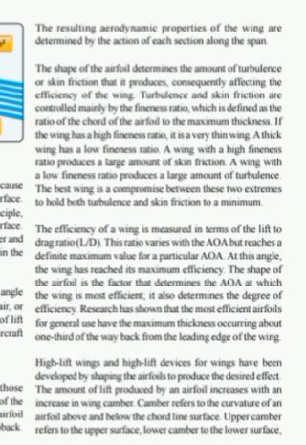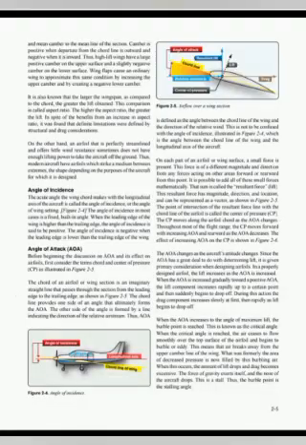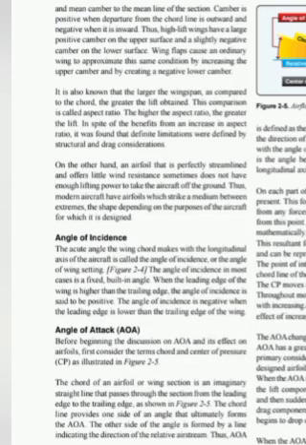Camber refers to the curvature of an airfoil above and below the chord line surface. Upper camber refers to the upper surface, lower camber to the lower surface, and mean camber to the mean line of the section. Camber is positive when departure from the chord line is outward and negative when it is inward.